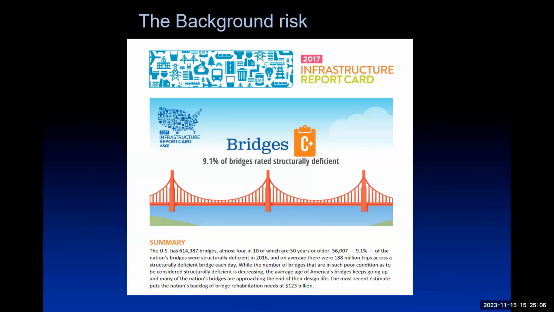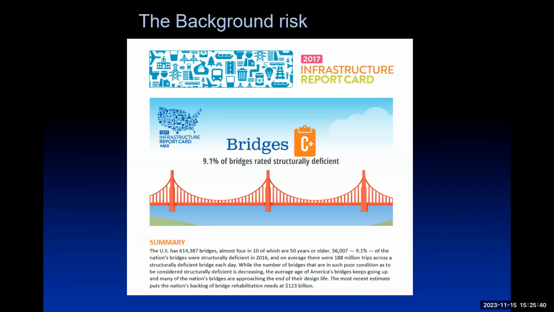There's an infrastructure report card produced for the United States in 2017. The US has 614,000 bridges, of which about 40% of them are more than 50 years old. Now that's important. The other thing is that 9% of bridges at the time of the infrastructure report card were actually rated as structurally deficient.